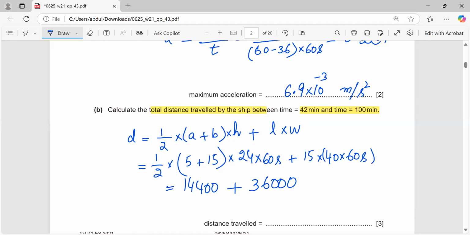So times 24, so 240 times 60. 240 times 60. 24.